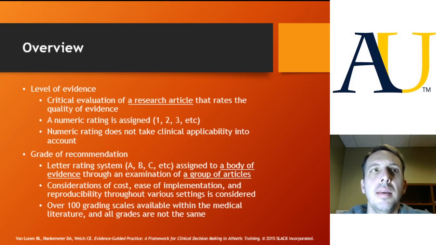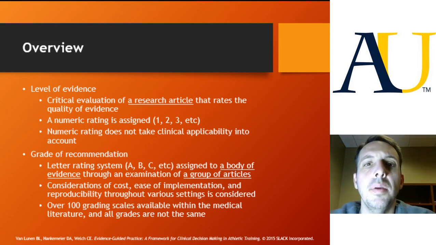So when we get into this as a level of evidence and grade of recommendation, and specifically what we mean with these, is the level of evidence is going to be article specific.